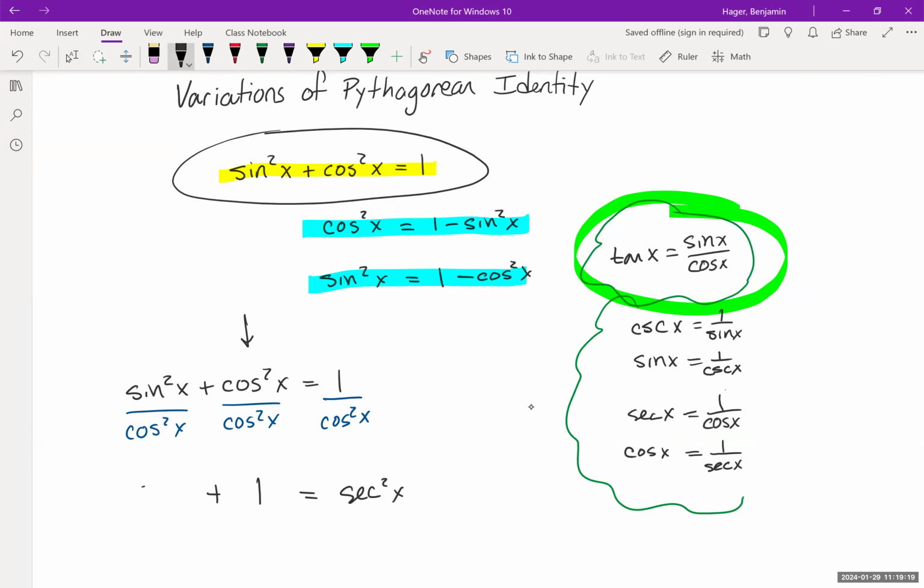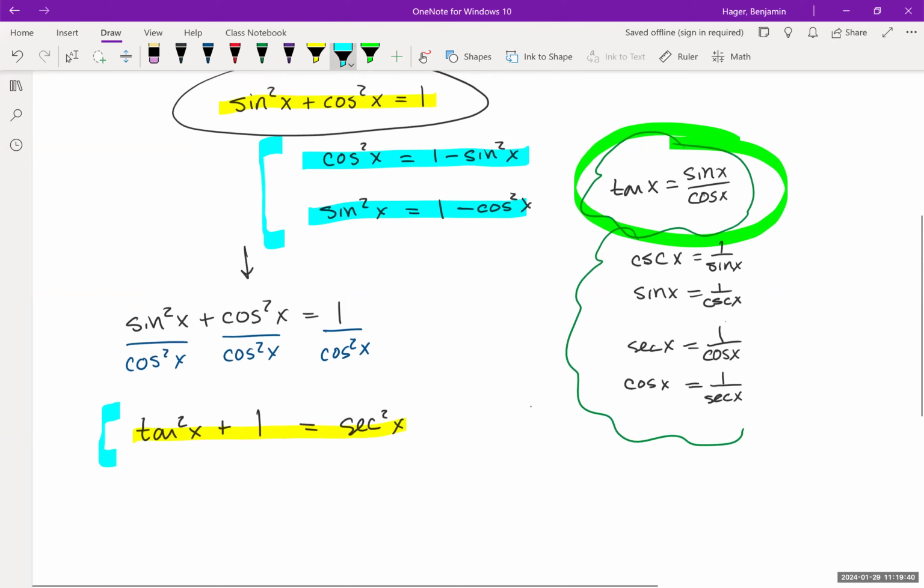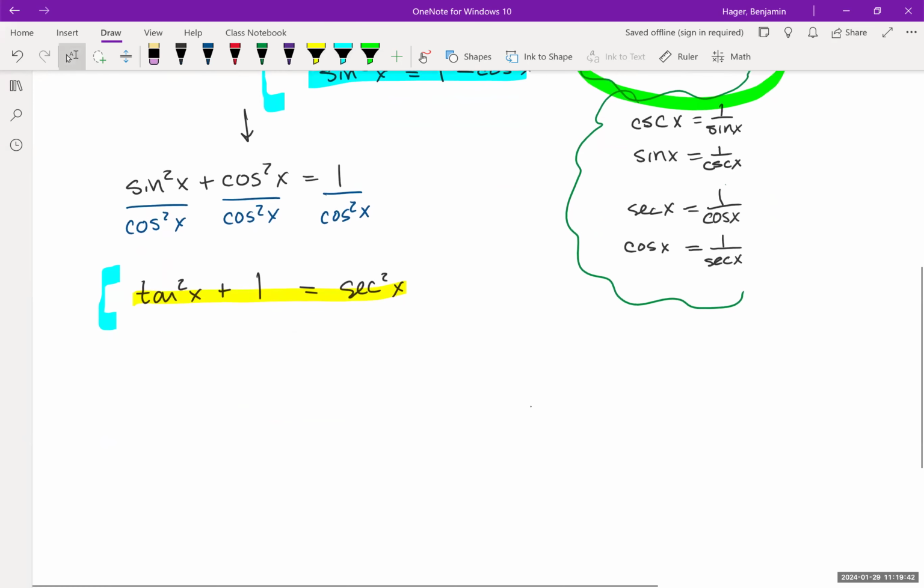So that means this thing must be a tangent squared. And there we have another variation of the Pythagorean identity. And just like we did up here in blue, you could take this equation and shuffle things around. You can get the tangent and secants on the same side. You could write it a couple different ways, and whatever way suits your needs.